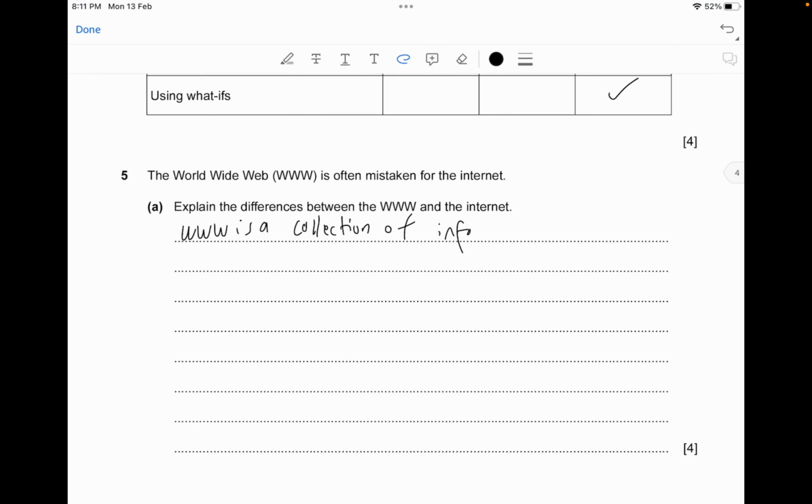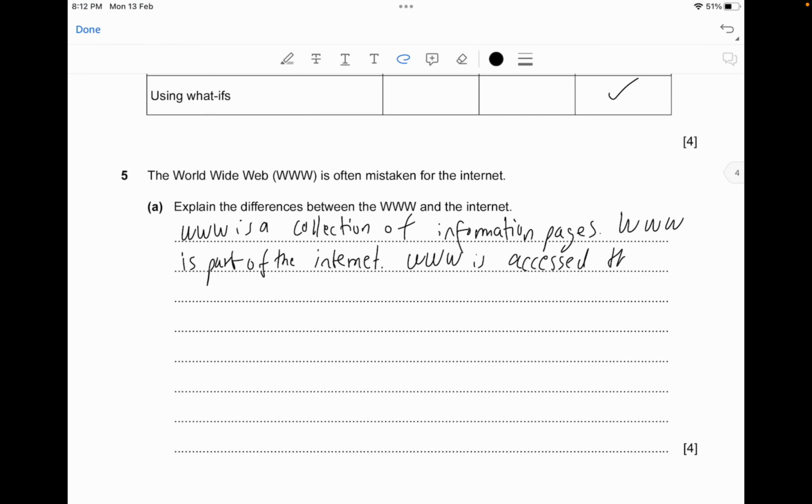You can also mention that the WWW is a part of the internet, and that it is accessed through the internet.